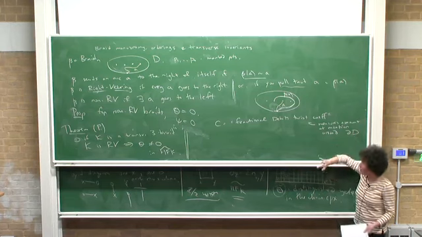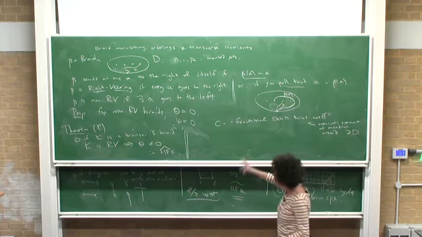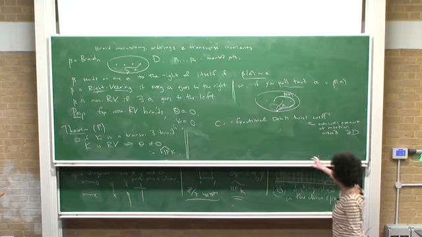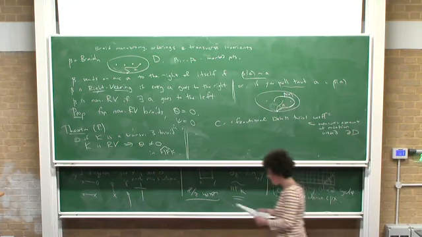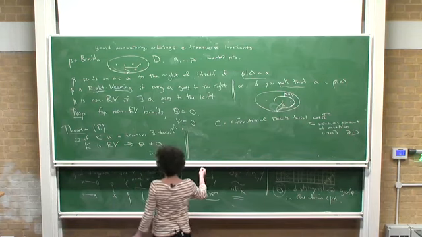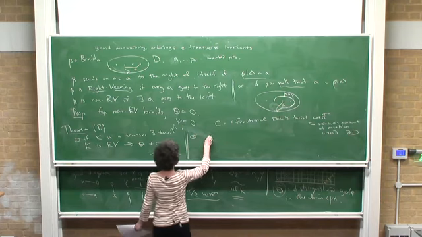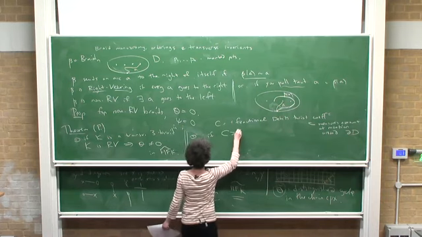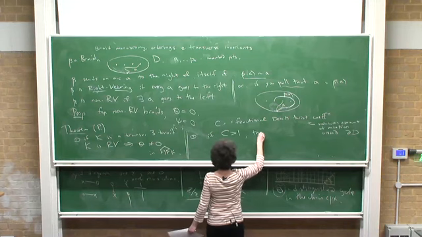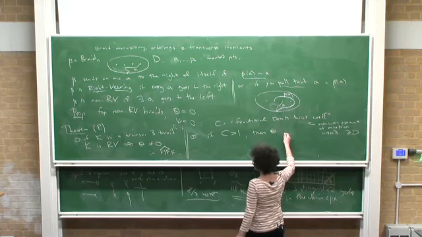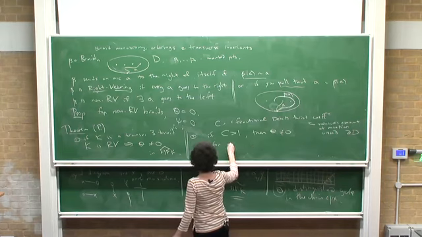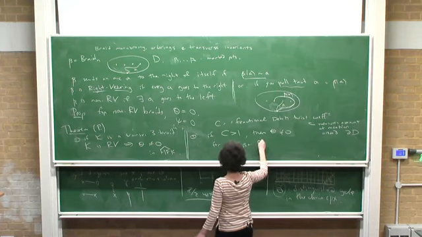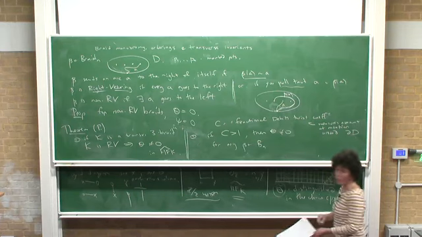So if you have a braid that consists of full twists, then the number of twists is going to give you this twist coefficient. And what I can prove is that if this fractional twist coefficient is greater than 1, then theta is non-zero for any braid with any number of strings.